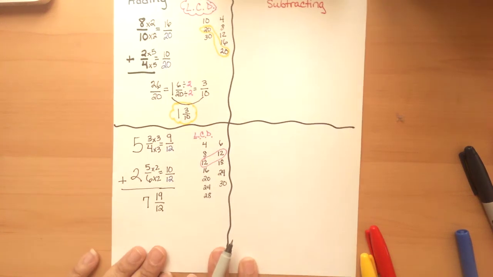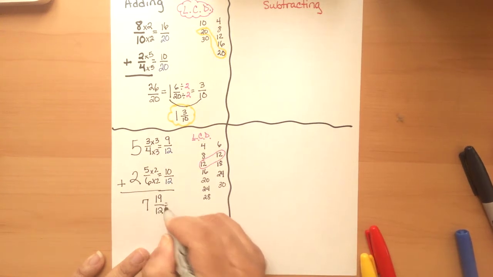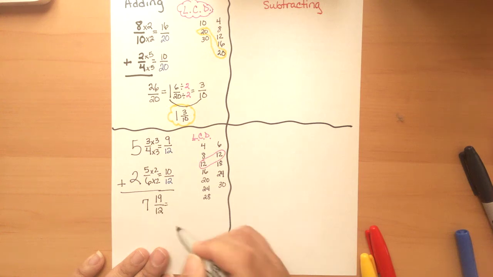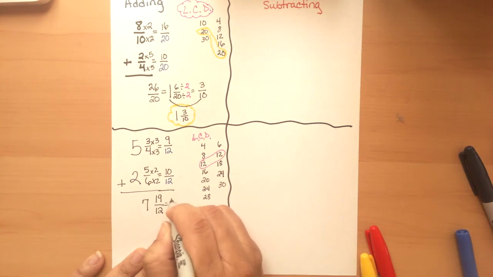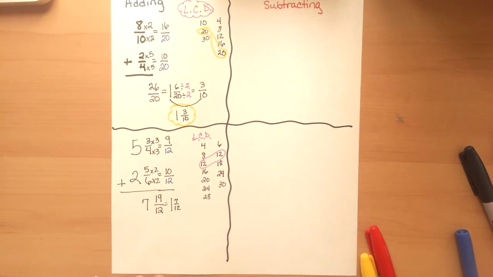This looks a little interesting now. I have an improper fraction again, now with a whole number. I need to simplify this 19 twelfths. 12 goes into 19 one time, and I will have 7 left over if my denominator stays the same.